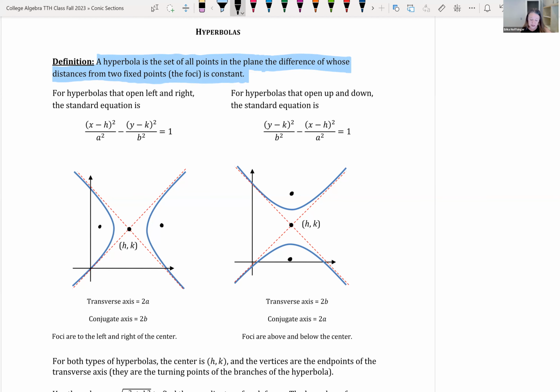The transverse axis is this distance in here, which is 2a. So the distance from the center of the hyperbola is a to the left and a to the right.